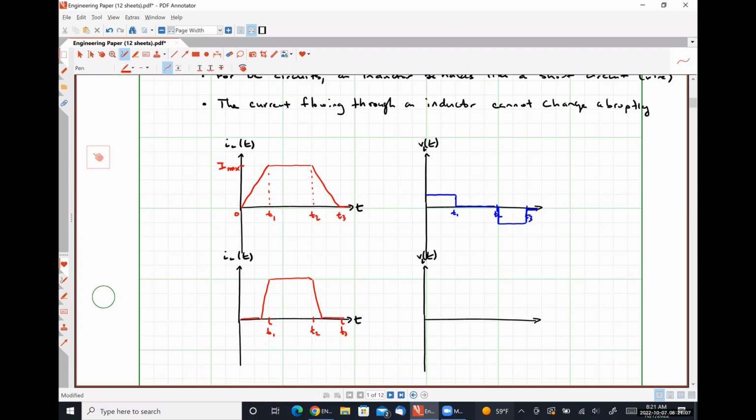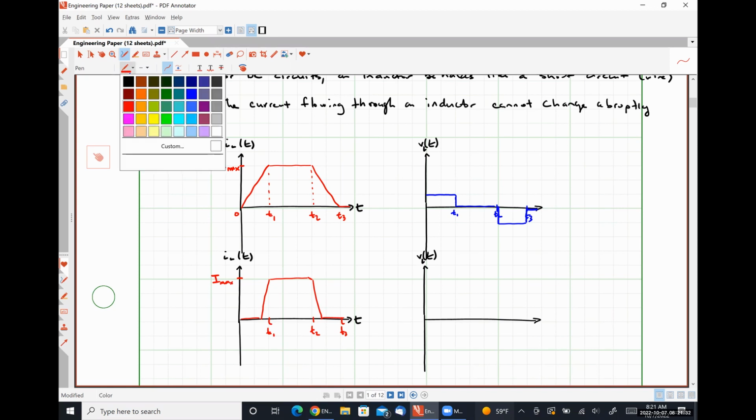Effectively, at its maximum, we're pushing the same amount of current through this inductor, but our slope is much more steep, right? So if the change in current is much steeper, what should we expect to see for our voltage waveform? Higher voltages, absolutely.